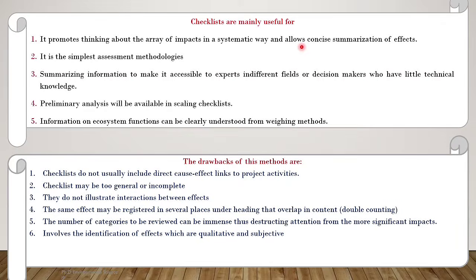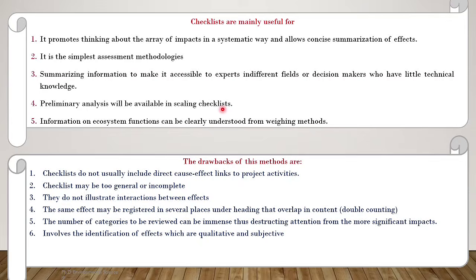They summarize complex technical information into a format that is easily understandable by experts from different fields or decision makers who may lack technical expertise. They provide a preliminary analysis of impacts, which can be further refined in more detailed scaling checklists or other assessment methods.